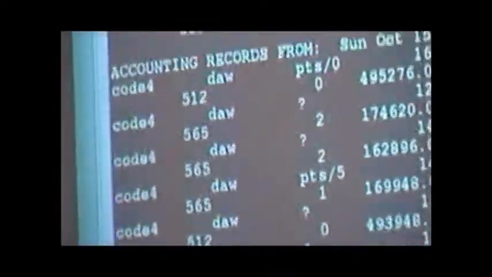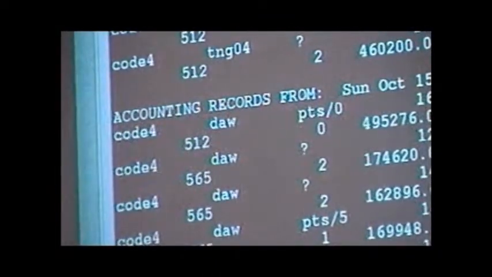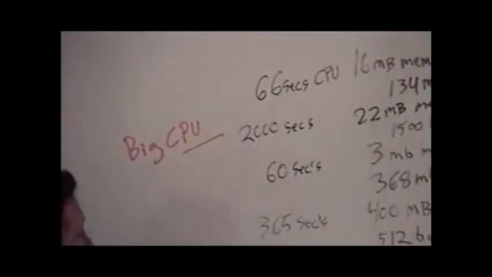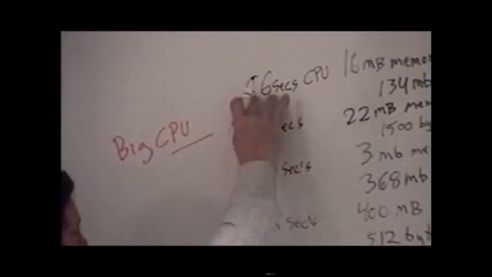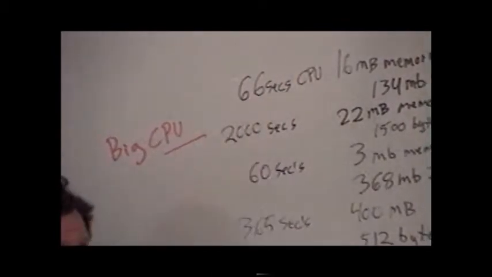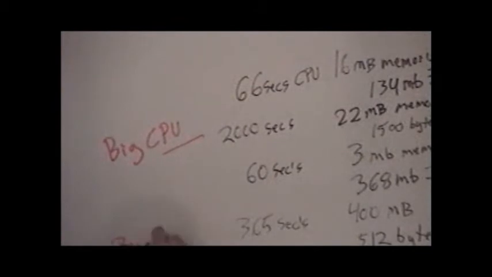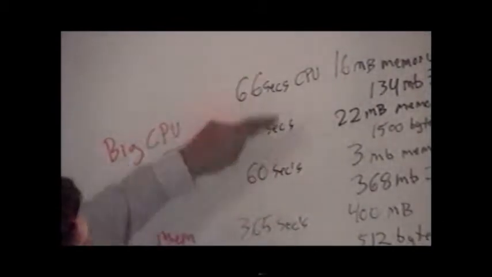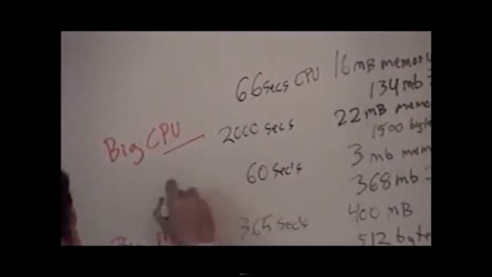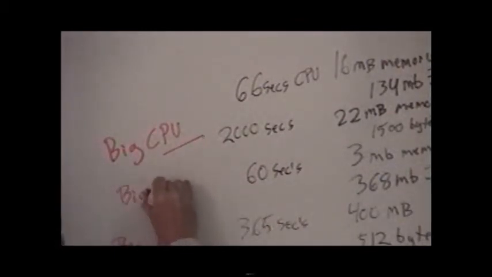So, if I look at this now, I now can start forming my classes. This one here is my big CPU, at least right now. 2,000 seconds compared to the others, that's big CPU. This one is 400 megabyte in memory, so that's my big mem. Okay. And then I've got these two, which are I/O. So I'm going to call this one big I/O.